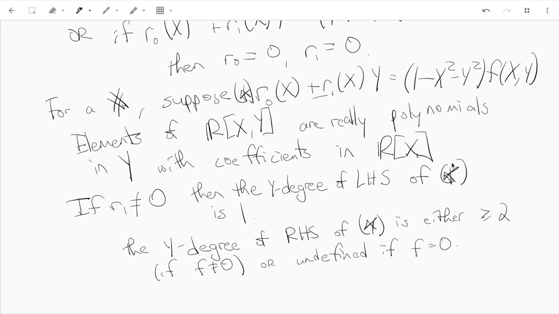Now, for the left-hand side, the possible degrees are: 1 if r1 is non-zero, 0 if r1 is 0 and r0 is non-zero, and undefined if r0 and r1 are both 0. So how do we match that up with a y degree that's 2 or more, or undefined? Well, both sides have to be undefined.